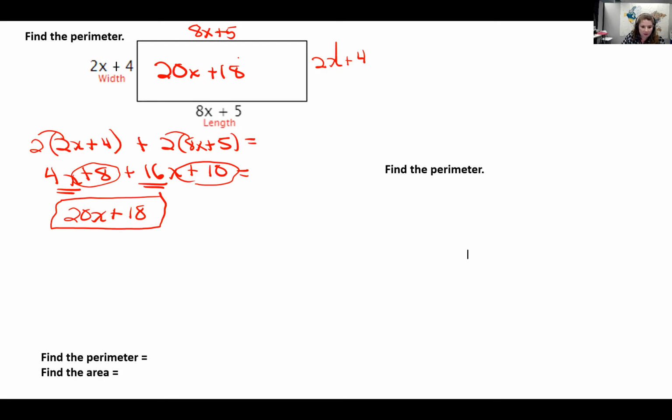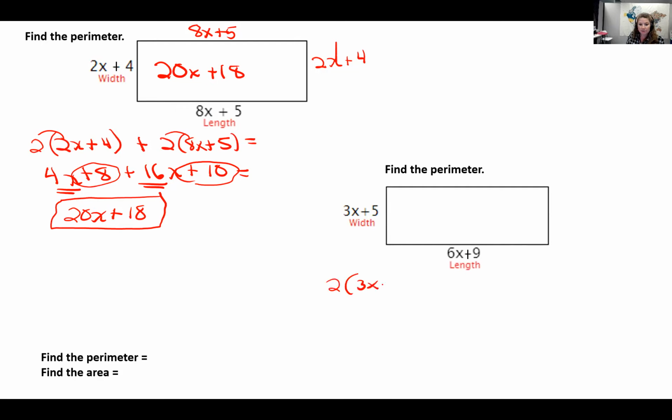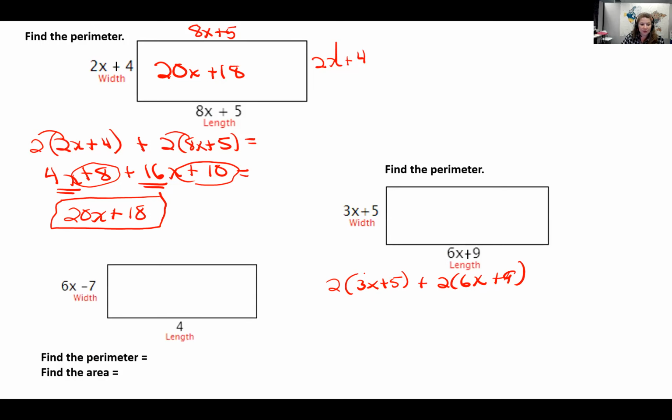All right. Let's look at this one. So once again, we're going to double that width. And we're going to double the length. And then you guys try that, pause, and then come back. And then the next one we'll try is this one, the area and perimeter. So see what you guys get.